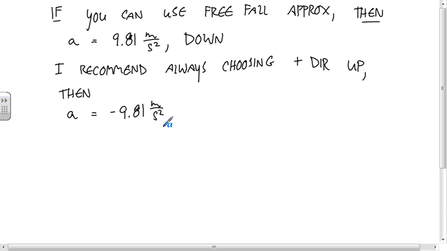Okay, so what we saw in that video and what you need to remember is any two things that you feel comfortable saying are in free fall, their motion while they're in free fall is just the same.